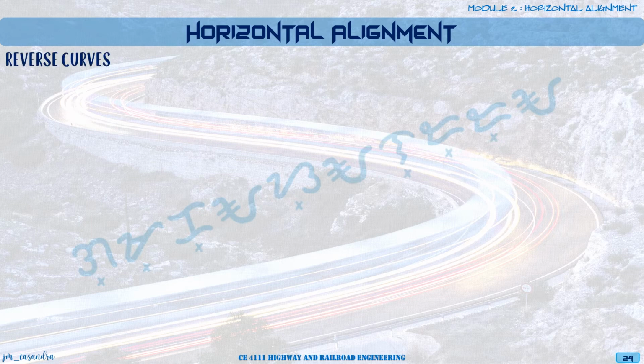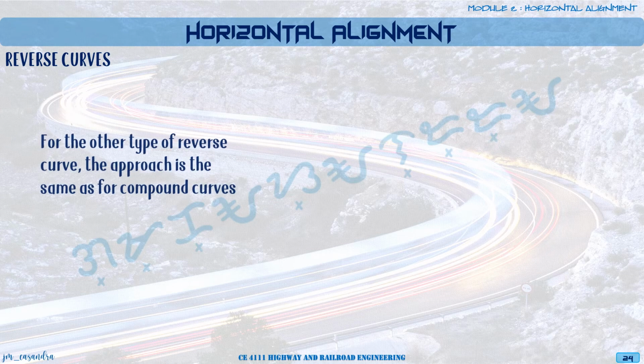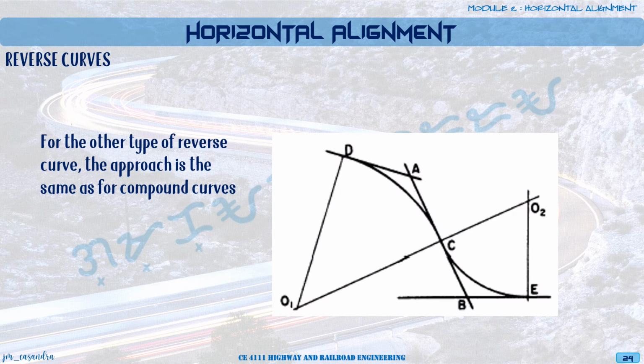So for the other type of reverse curve, which is the non-tangent or non-parallel reverse curves, the analysis or the approach will be the same as for compound curves. So we'll just analyze it as two separate simple curves. So we determine the chord length of each curve, and from there we'll be able to identify now our coordinates, middle, and our external coordinates.